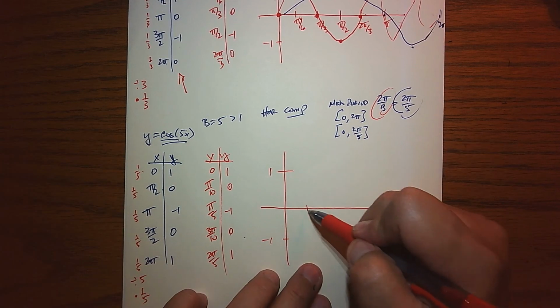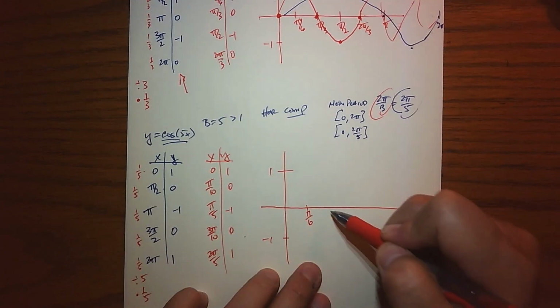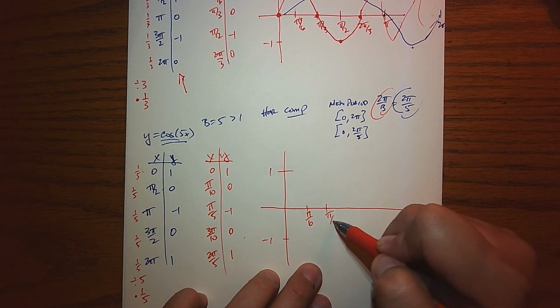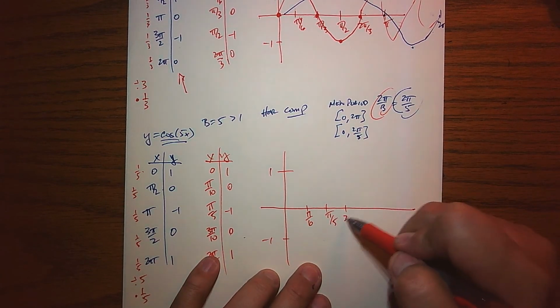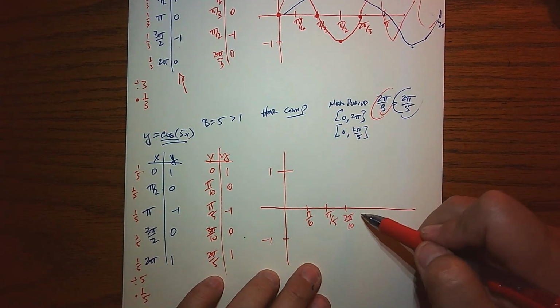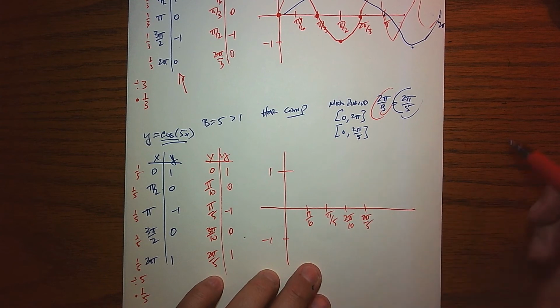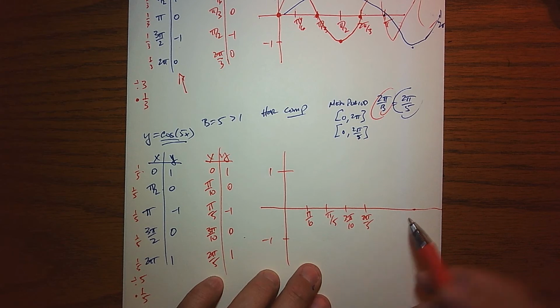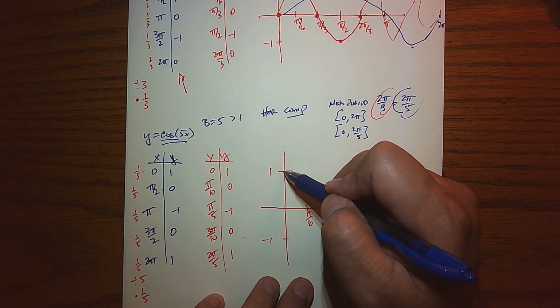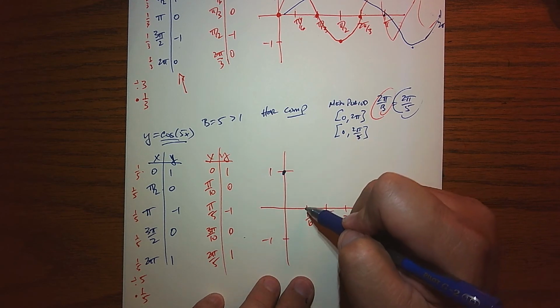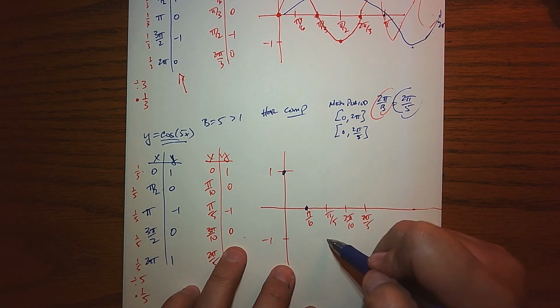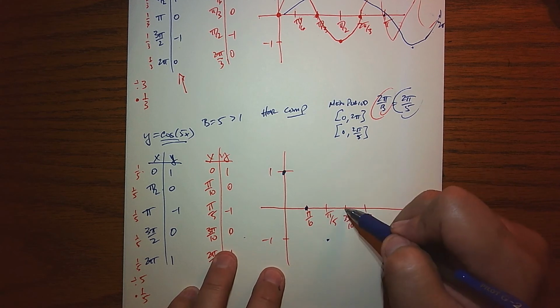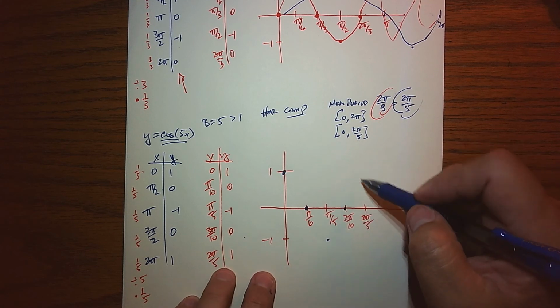So right here's pi over 10, here's pi over 5, here's 3 pi over 10, and here's 2 pi over 5. And of course, somewhere way down the road, we're not even close to pi yet, we're really scrunched in. And so we have 0, 1, pi over 10, 0, pi over 5, negative 1, 3 pi over 10, 0, 2 pi over 5, 1.